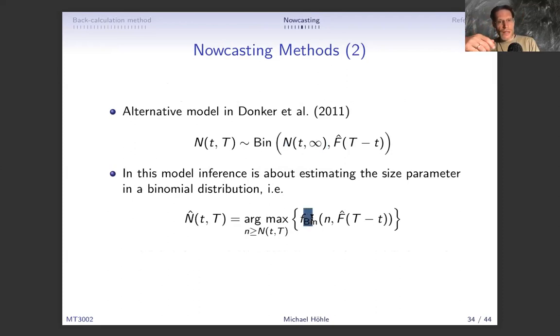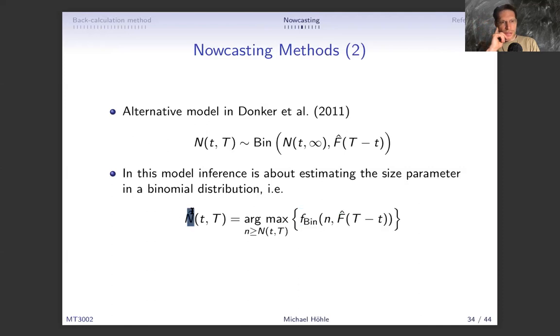You always look at the binomial probability for this, and you take the one which gives the highest value, because that's what you think will be explaining the observed value as well.